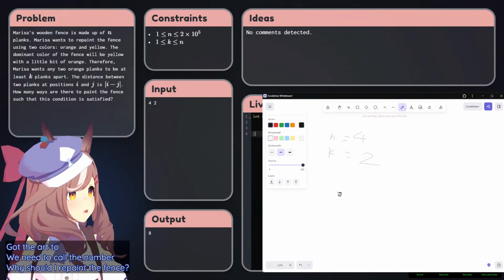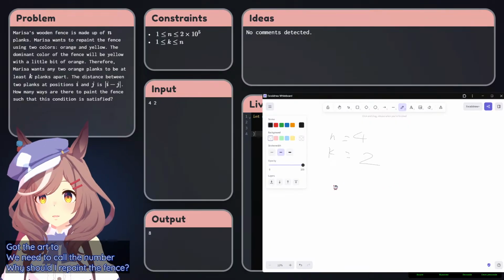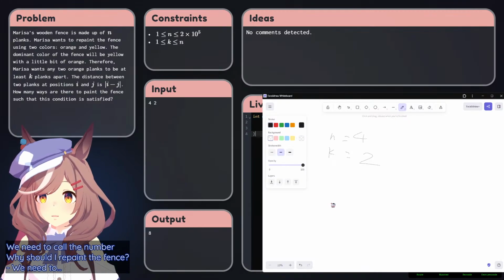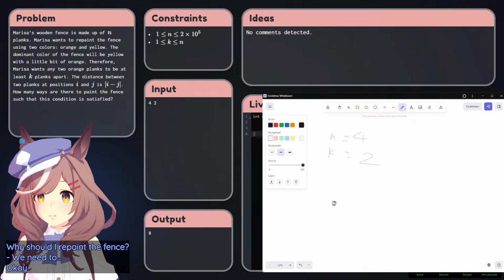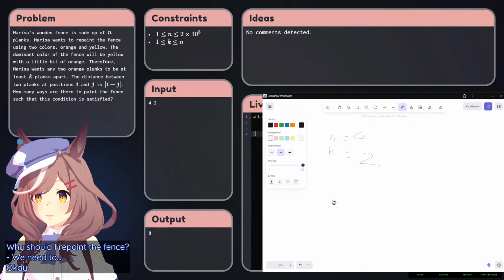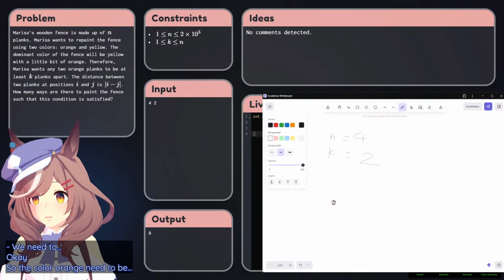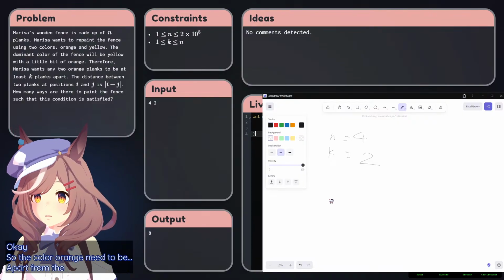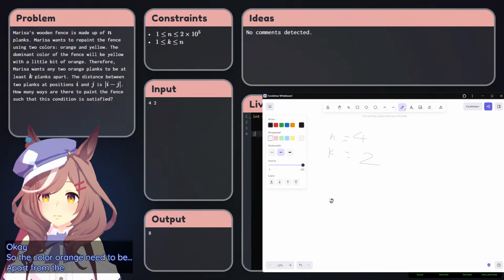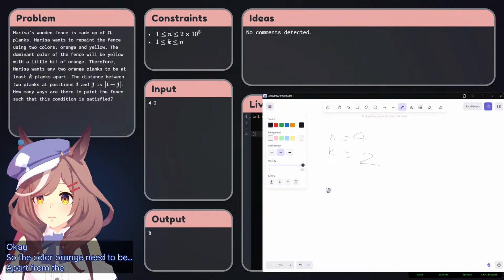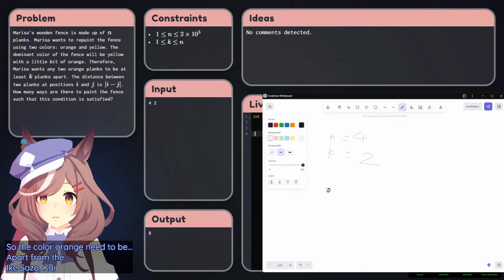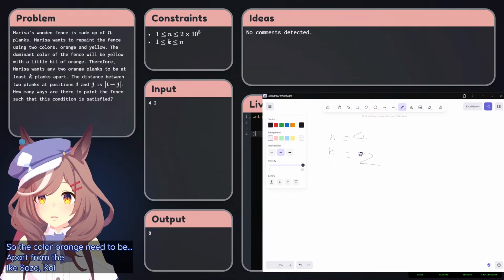So the orange planks need to be apart from each other by k planks, and k is at least 1.